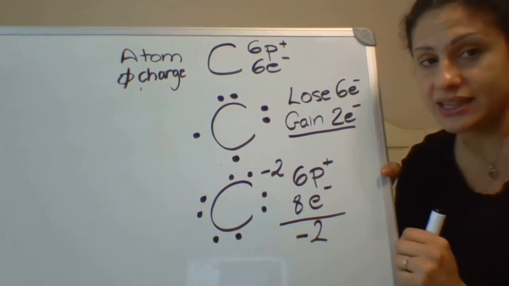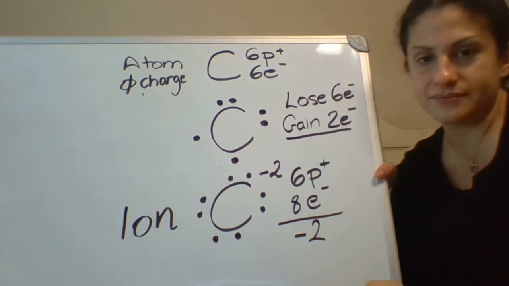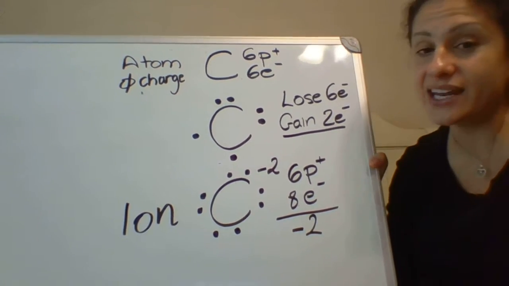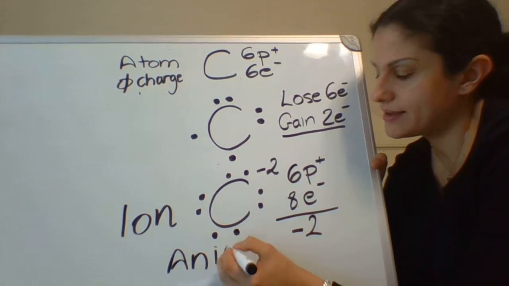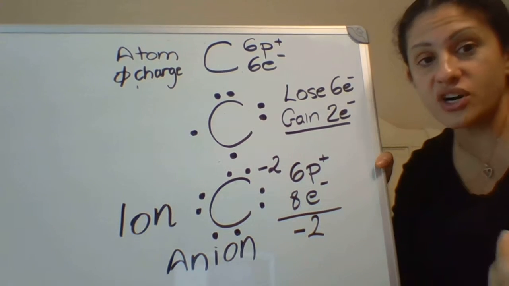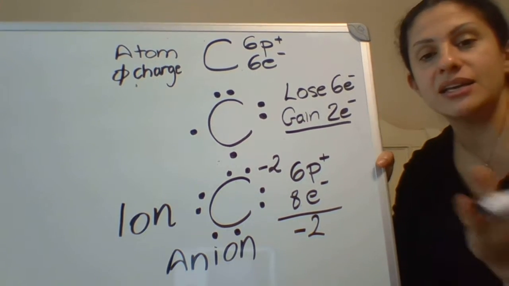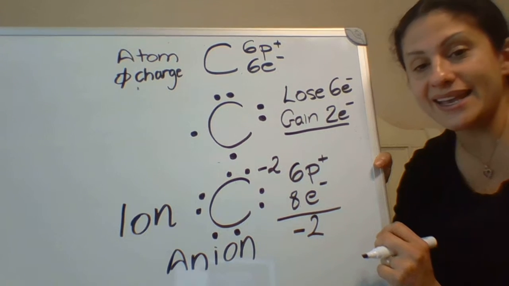And just like lithium, it is now called an ion. And because it has a negative charge, we refer to it as an anion. If it had a positive charge like lithium, it's a cation. If it was a negative charge like carbon, it is referred to as an anion.